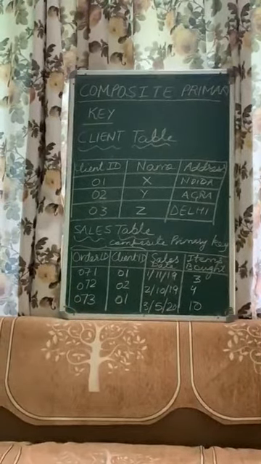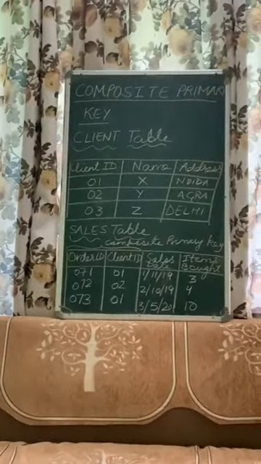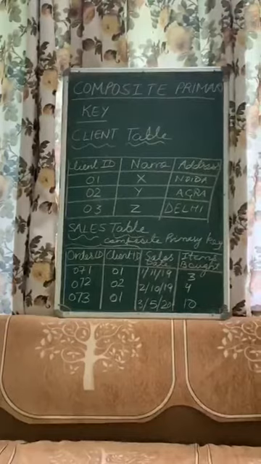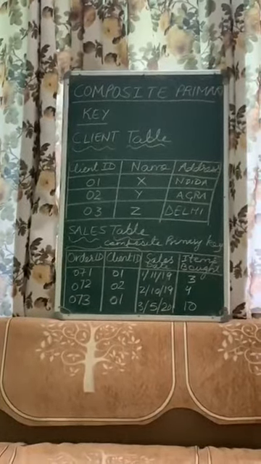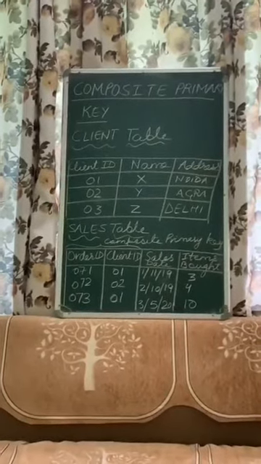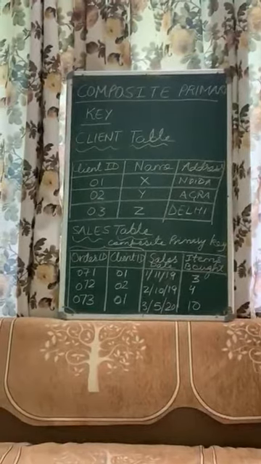Similarly client 02, he has made an order of the product with order ID 072. So in this way various clients can make various orders. That is, a client can order more than one product with different order IDs.